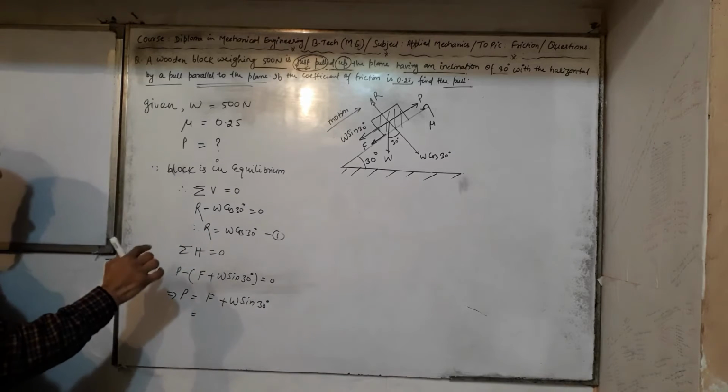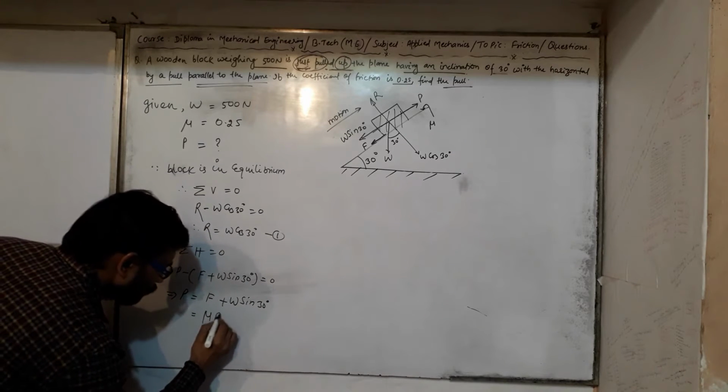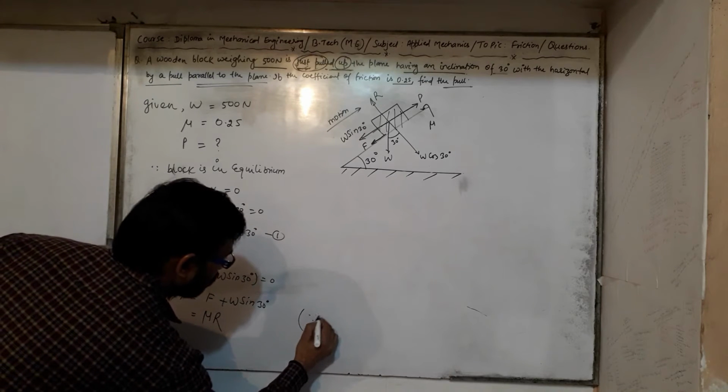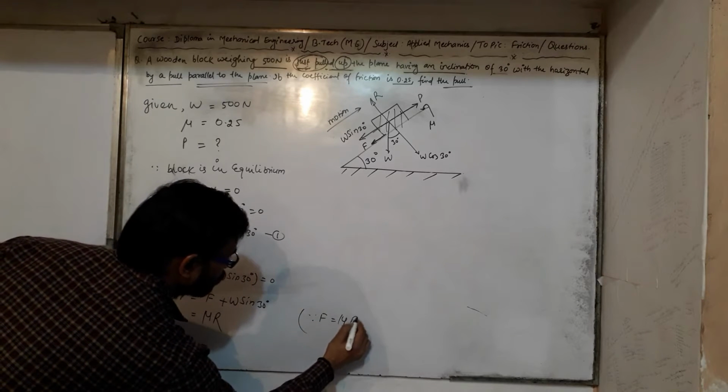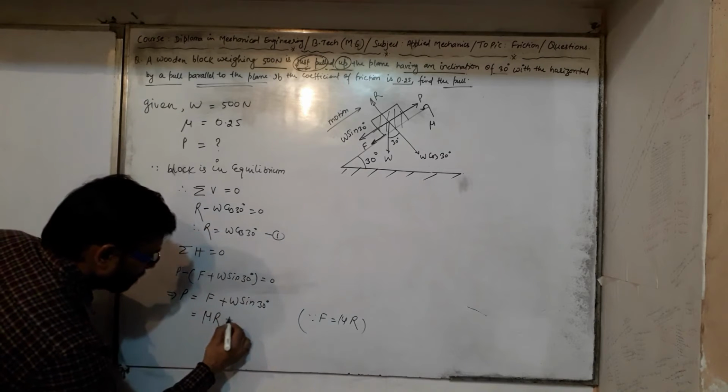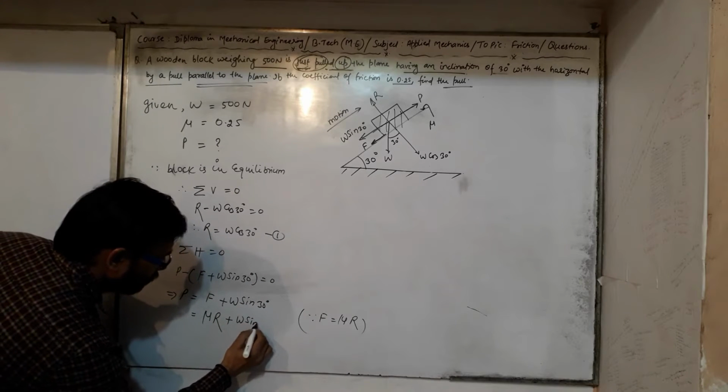Now F is nothing but mu times the normal reaction, since F is the frictional force, plus W sin 30 degree.